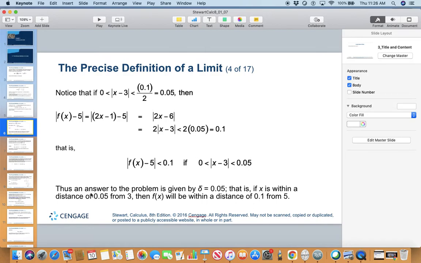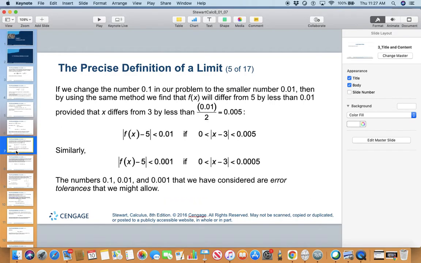So, an answer to the problem is, well, we were looking for how close x should be from 3. Well, x should be within 0.05 distance from 3. If x is within a distance of 0.05 from 3, then f(x) will be within a distance of 0.1 from 5.